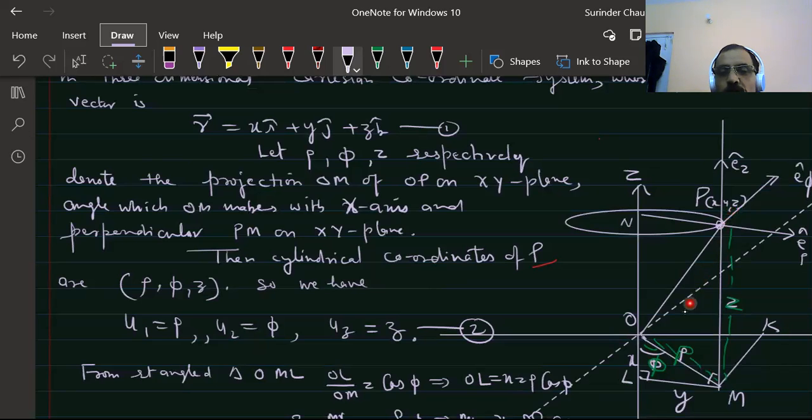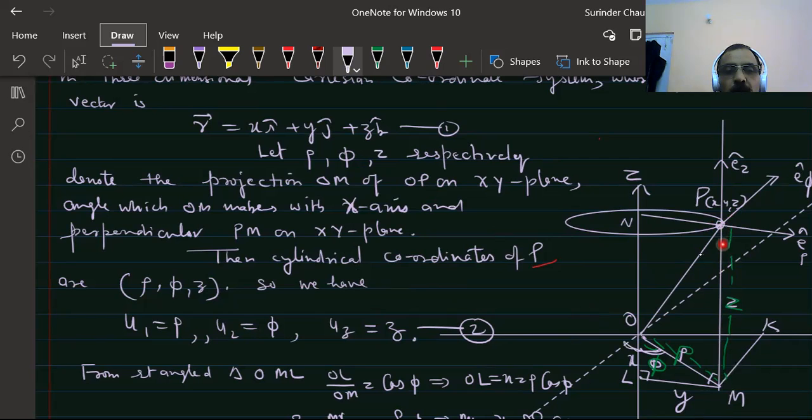Now, to reach this point in cylindrical coordinates, we move in a similar manner, but the projection OM of OP is rho, and phi is the angle which this projection makes with the positive direction of the x-axis. This is rho, this is phi, and z is the perpendicular distance.